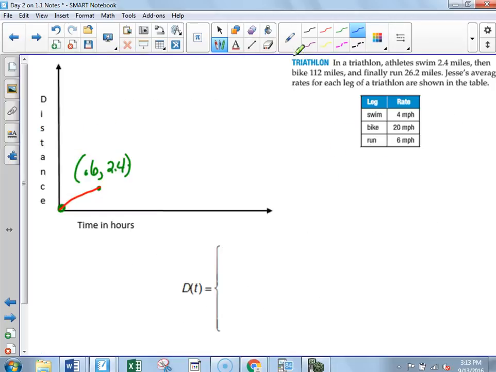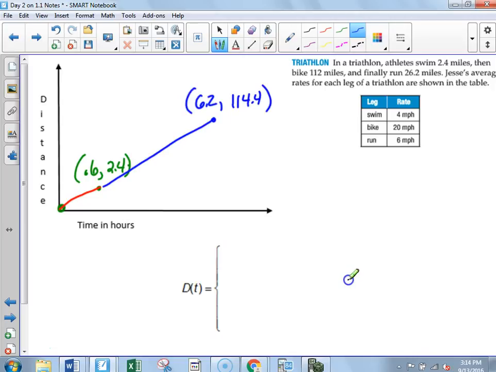Yes, 114.4, because this little stretch went up another 112, added on to the 2.4, which puts us at 114.4, and it went over 5.6, and we were already over 0.6, so we wound up at 6.2. Did I get that right?